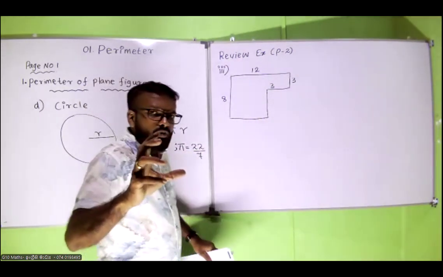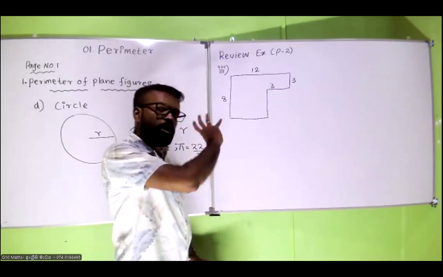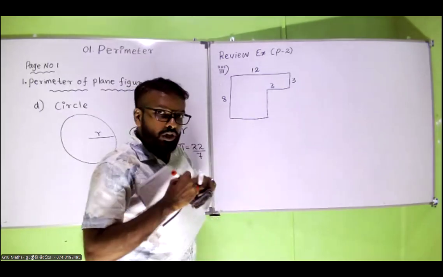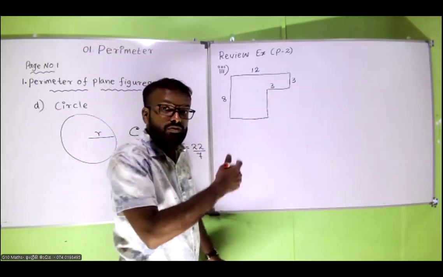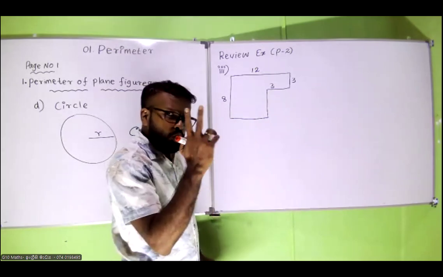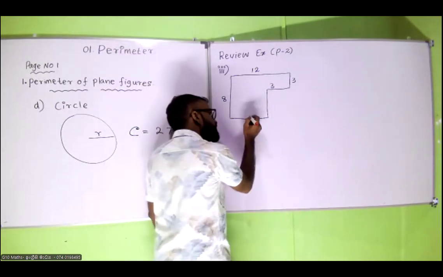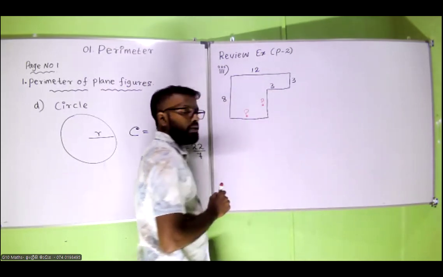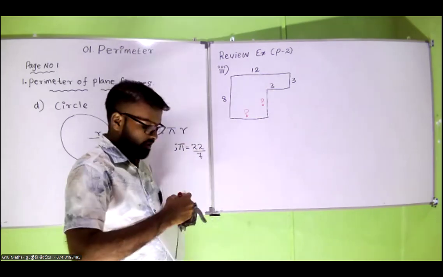If you need to find the perimeter of this figure, you need to know all the lengths of the outside of the plane figure. But 2 lengths are missing, this length and this length. You do not know those. You need to find them.